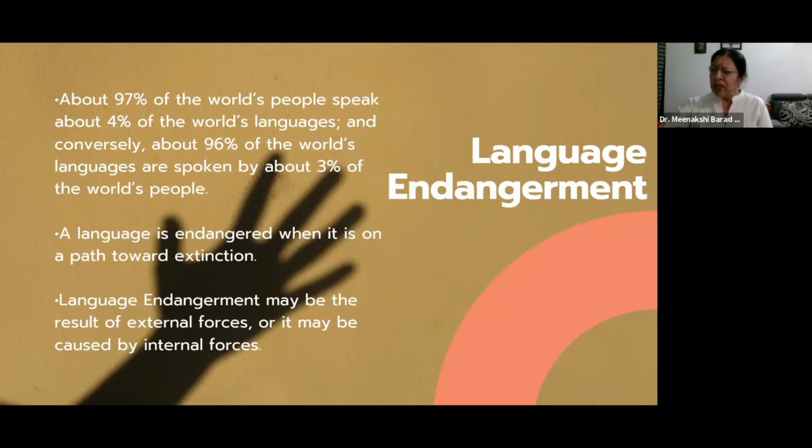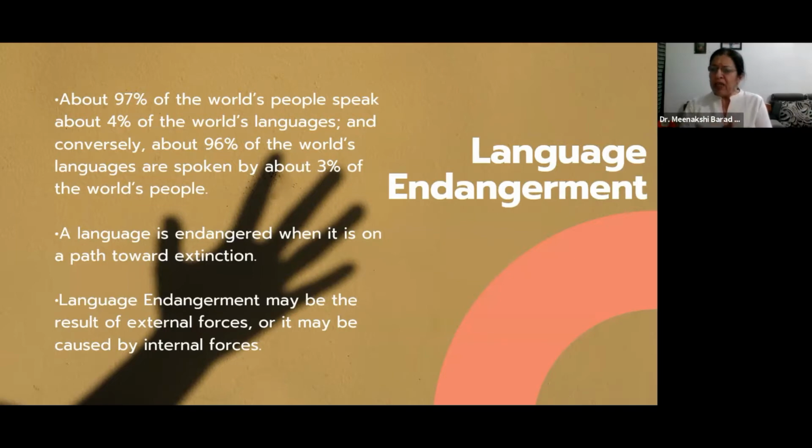Language endangerment may be a result of external forces, or it could be caused by internal forces. We say a language is endangered when it is on a path towards extinction.